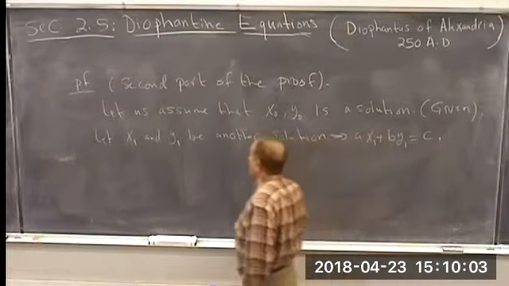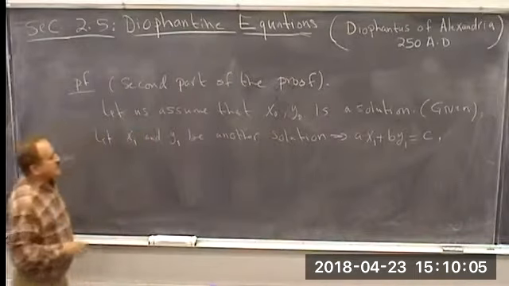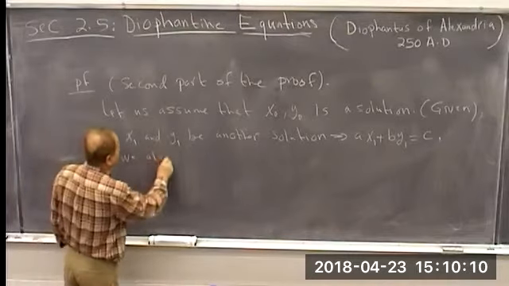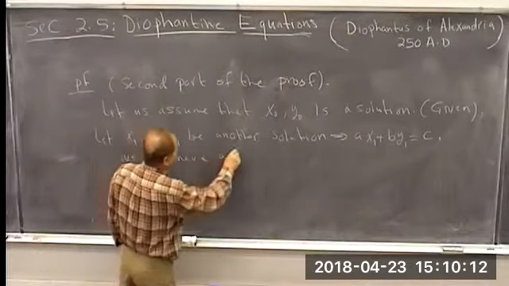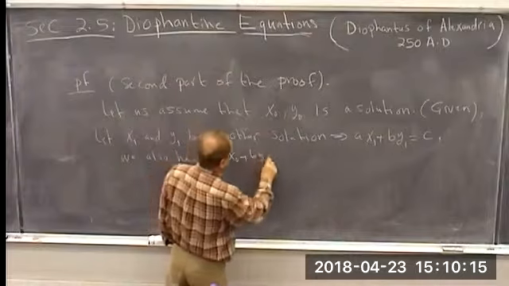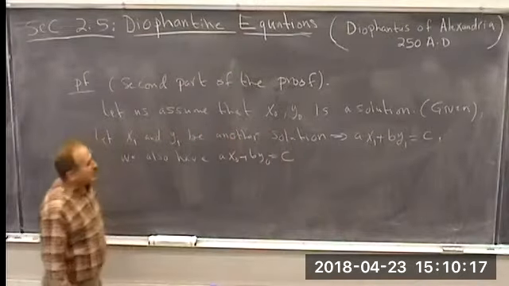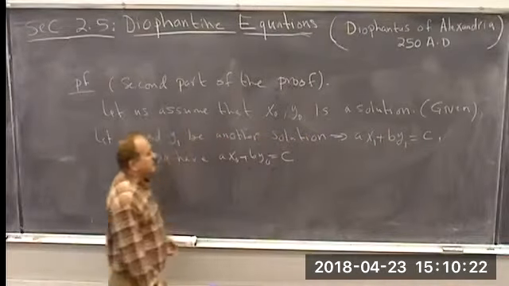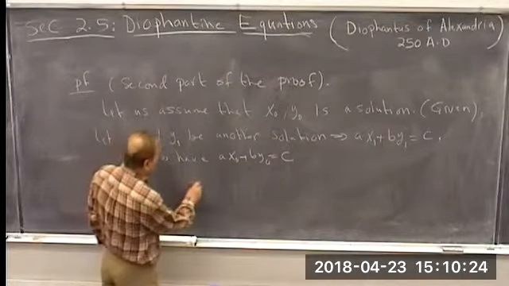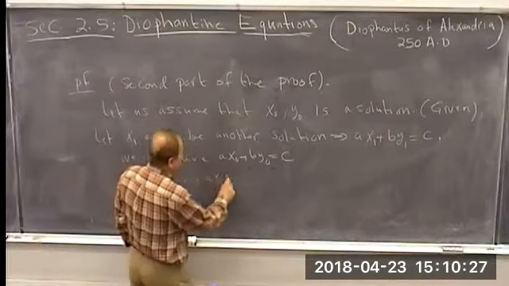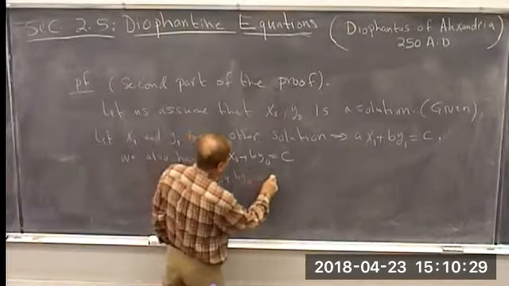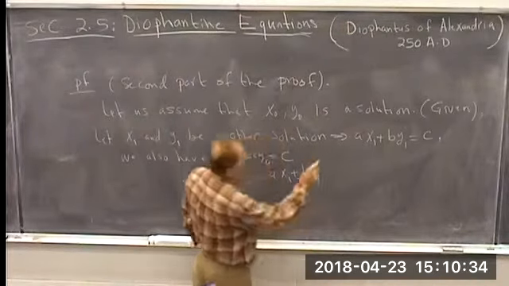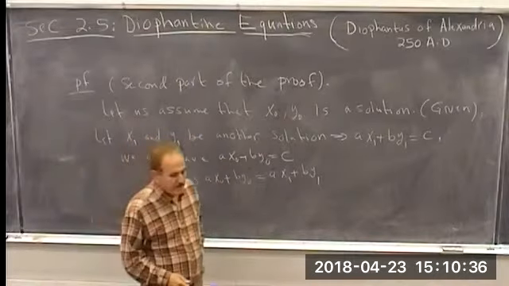We also have, since x sub 0, y sub 0 is a solution itself, a x sub 0 plus b y sub 0 is equal to c. Now, these are numerical values for both of these. So both of these are equal to c, which implies that a x sub 0 plus b y sub 0 is equal to a x1 plus b y1.